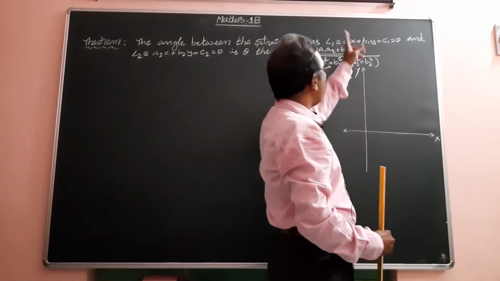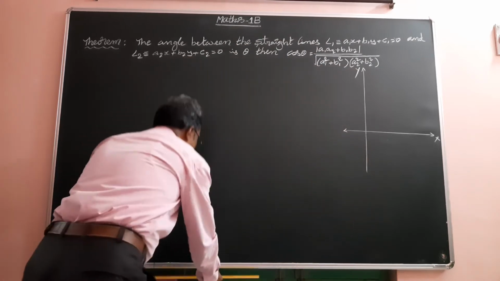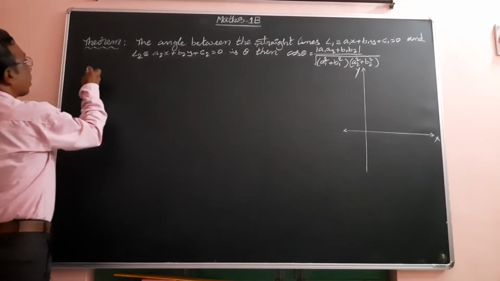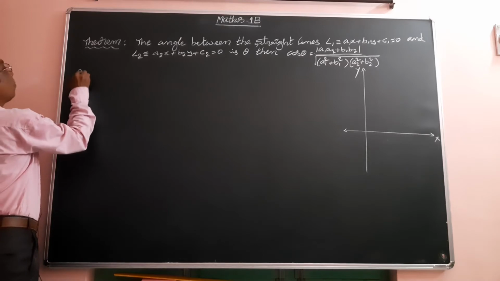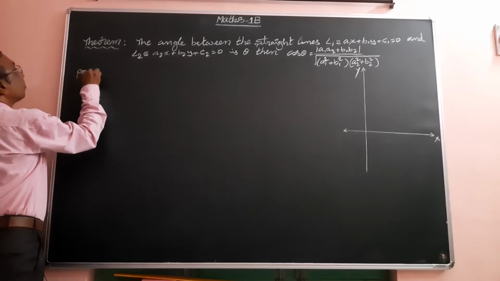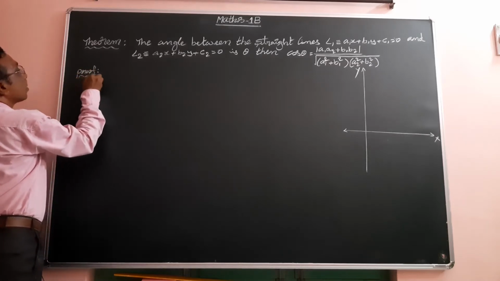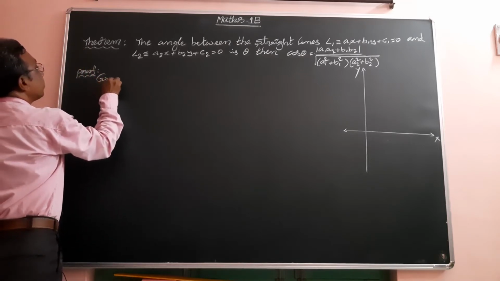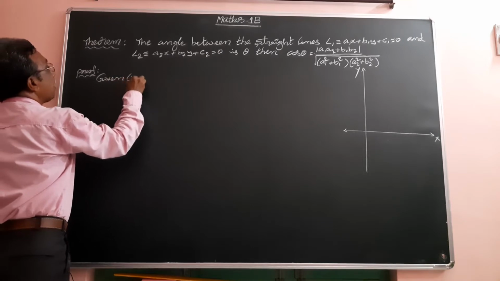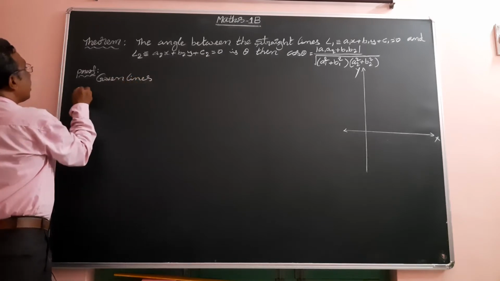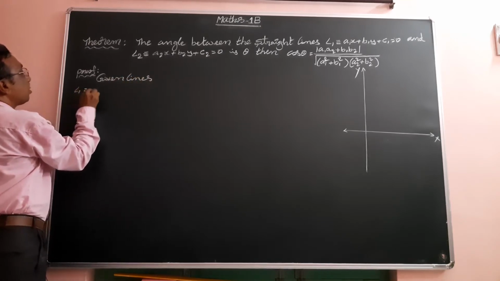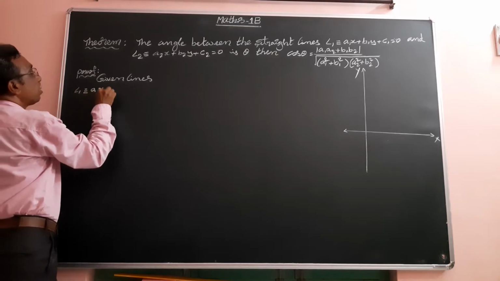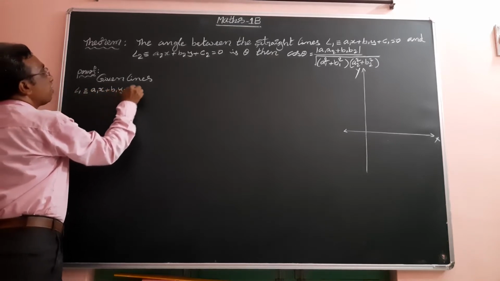First of all, given lines, proof. Given lines L1 is congruent to A1x plus B1y plus C1 equal to 0.